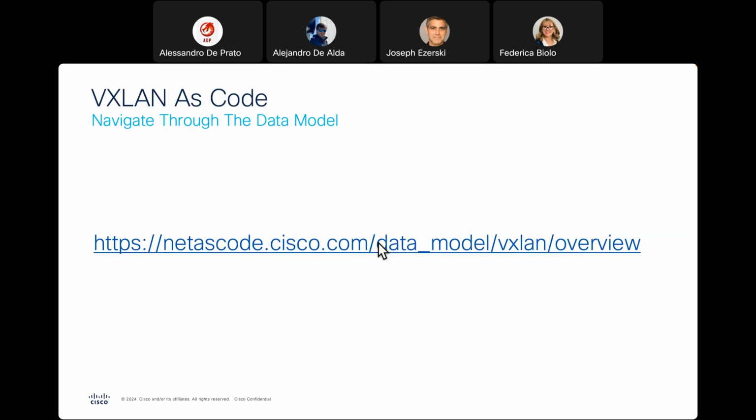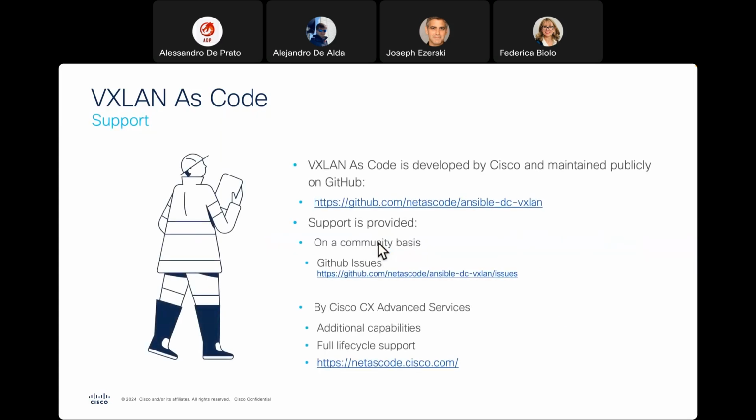Before we move to that section, let me just tell you a little bit about the support. It's very similar to what we have seen with Ansible, meaning that we are still exposing the code over GitHub. But here, on top of this, you have all the advanced services provided by Cisco CX. Like I was telling you before, they can add additional capabilities.